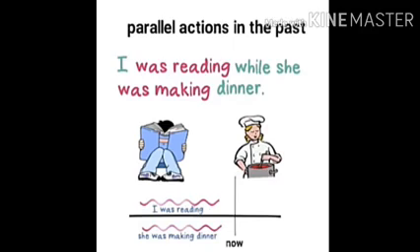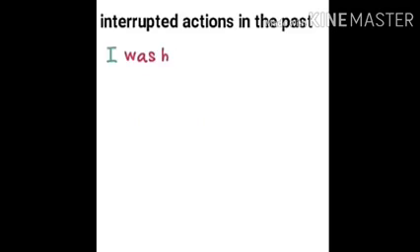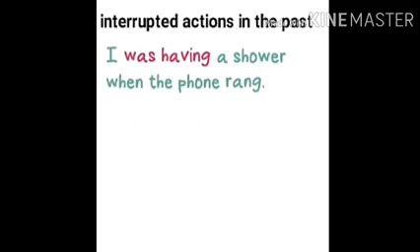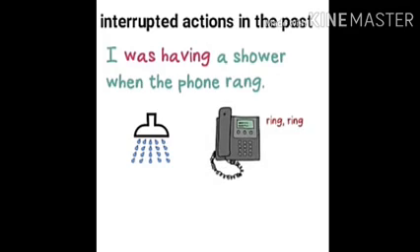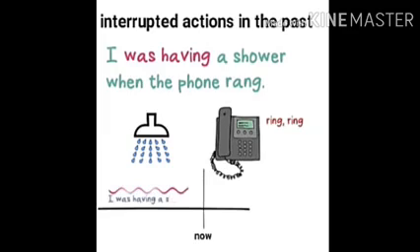The past continuous is also used for interrupted actions in the past. So here the example is, I was having a shower when the phone rang. So here you can see from the timeline again, I was having a shower over a period of time, and it's interrupted by the phone ringing. So it's an interrupted action.